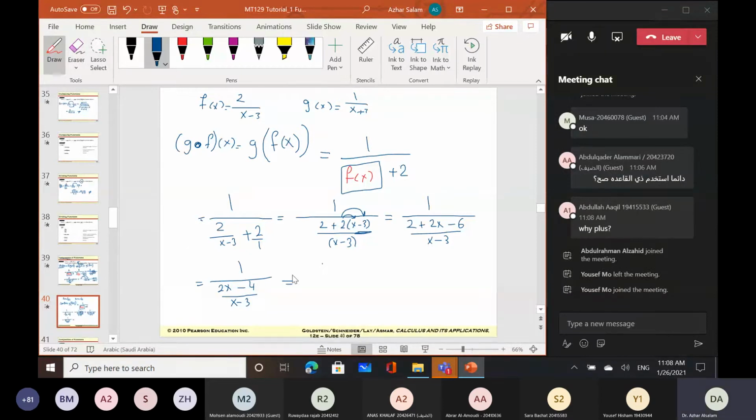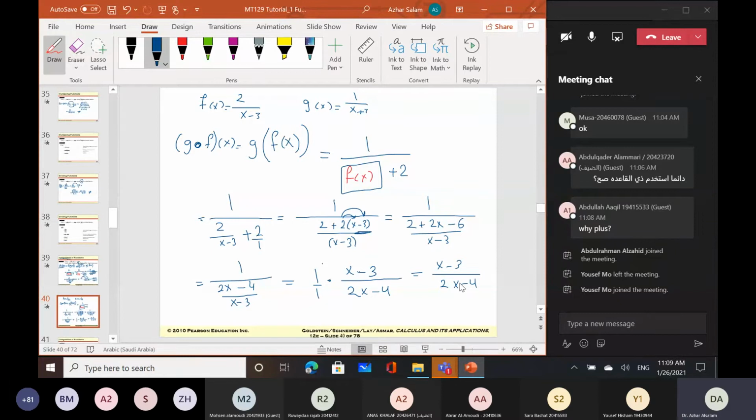Okay, here 1. So I make the division here. So I multiply 1 by the reciprocal, which is x. This is a multiplication dot. x minus 3 divided by 2x minus 4. Of course, this is a multiplication. 1 over 1 will be x minus 3 over 2x minus 4.